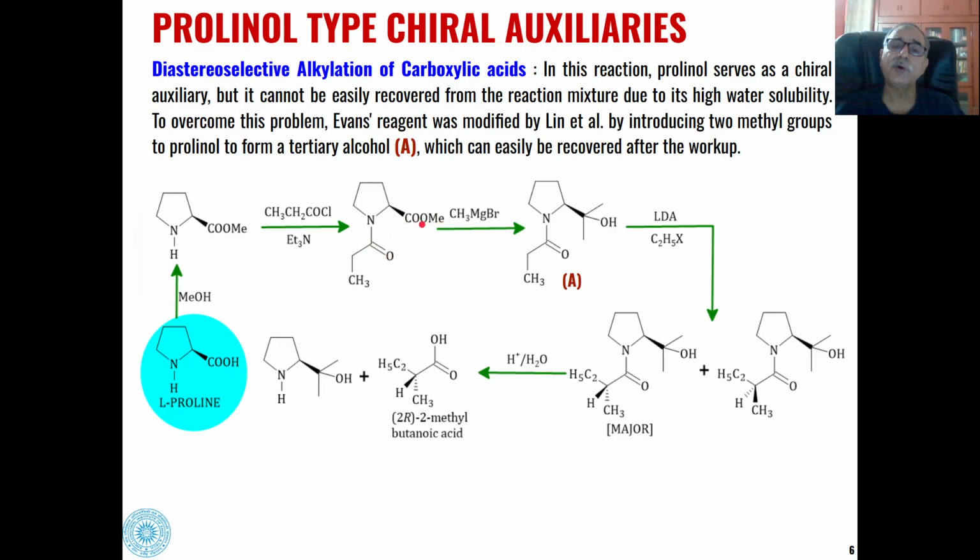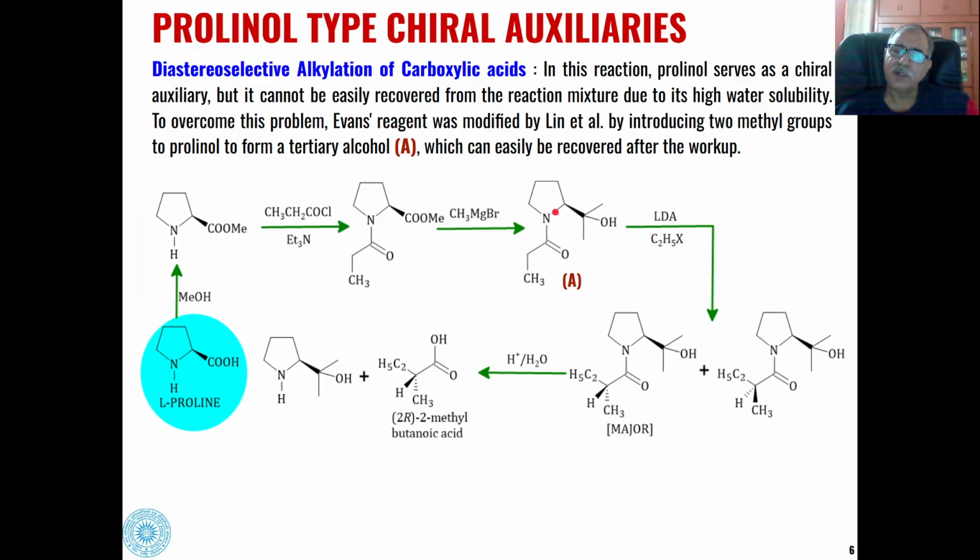Then we know the esters react with methyl magnesium bromide under Grignard reaction, and after hydrolysis they will be converted into these types of tertiary alcohols. So this tertiary alcohol based chiral auxiliary then undergoes a similar reaction which we have done in the previous case.